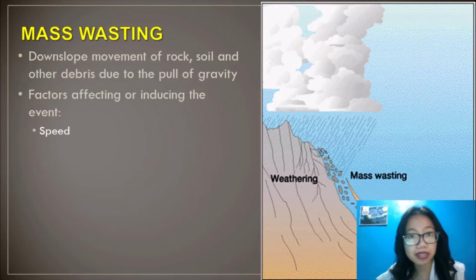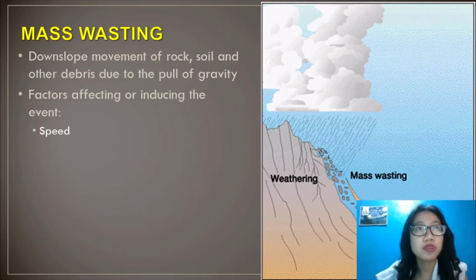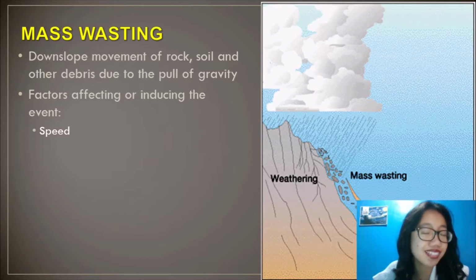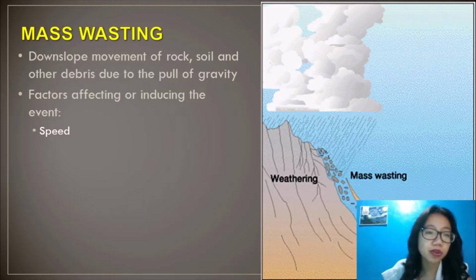First, speed. You may know mass wasting as a landslide, and if you imagine a landslide, it's usually fast, quite deadly, but there are actually different forms of landslides or mass wasting, and they have different speeds, which I will show you later. Next, type of material.